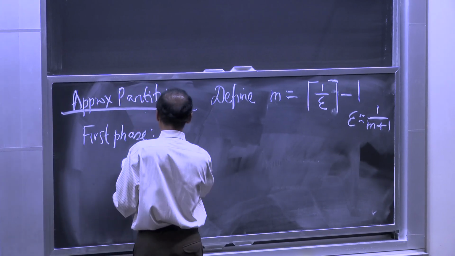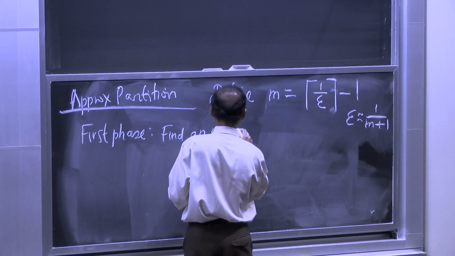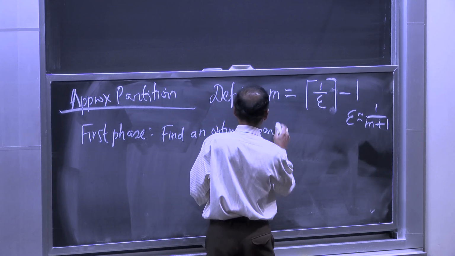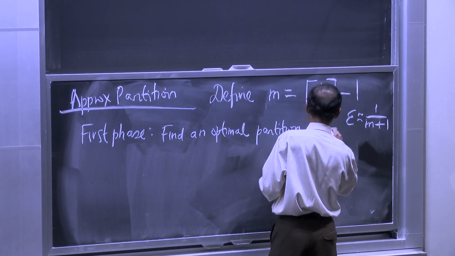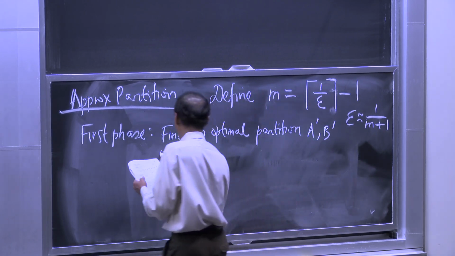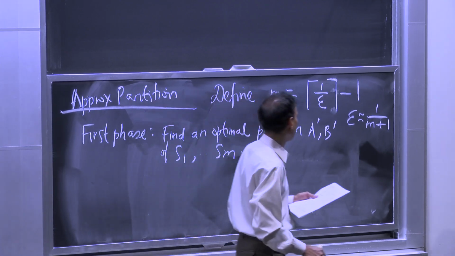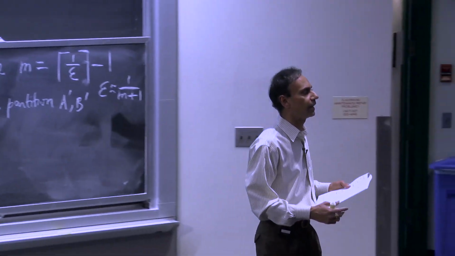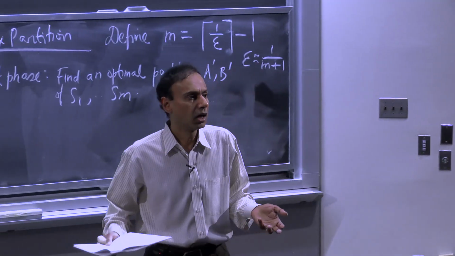The first phase is find an optimal partition A prime, B prime of S1 through Sm. And we're just going to assume that it's exhaustive search, which looks at all possible subsets and picks the best one, okay?